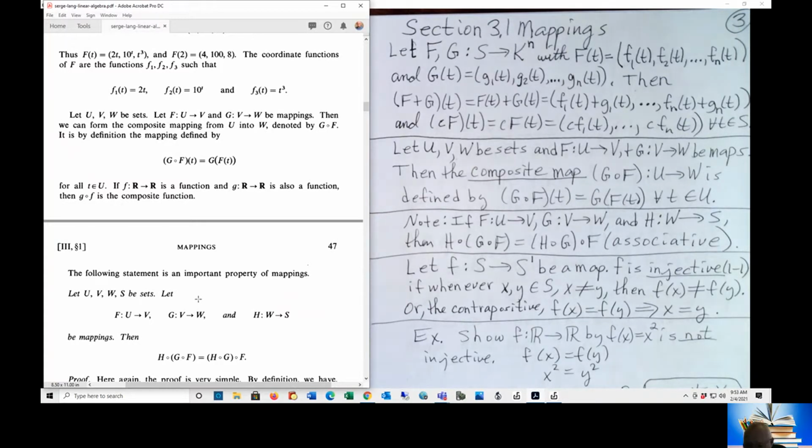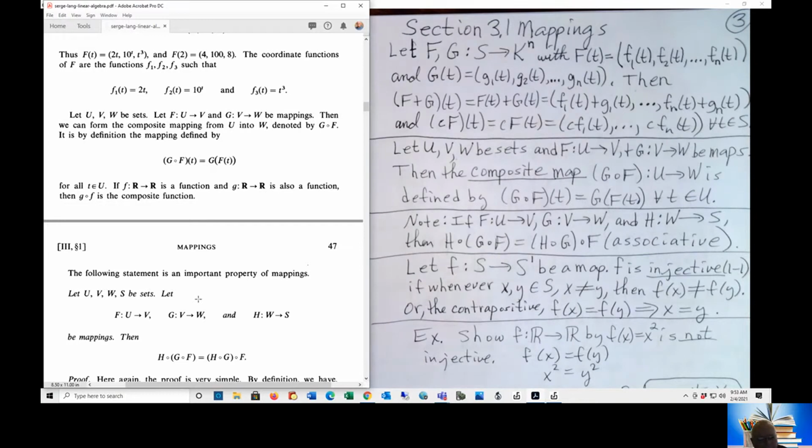And so it's associative, and that's important. Of course, that goes back to the analog with matrices, that matrix multiplication is also associative. All right, and there's a little proof of that in the book. It's just a matter of playing with the parentheses, which is not very interesting, so I omitted it.